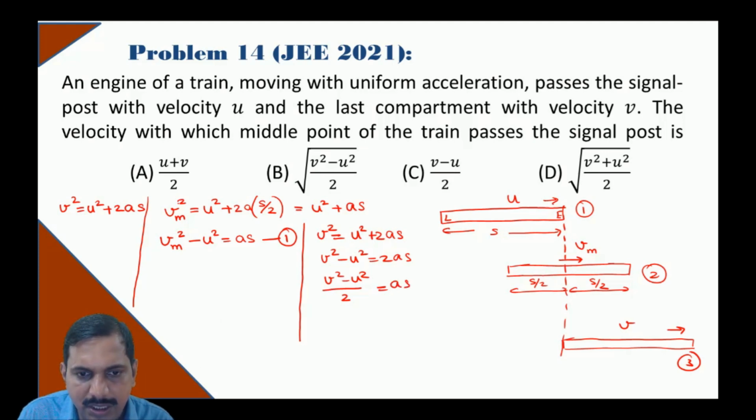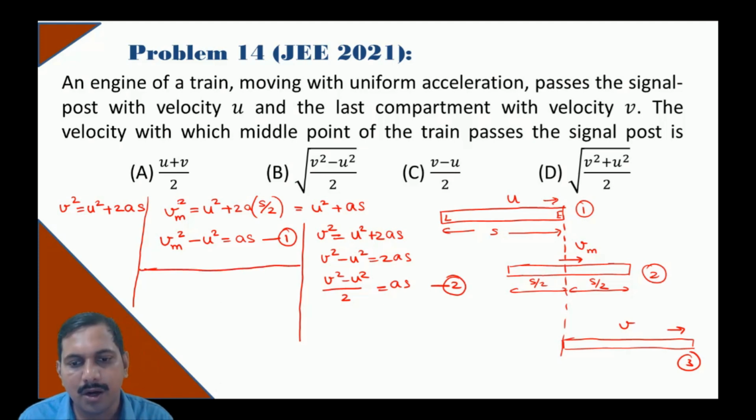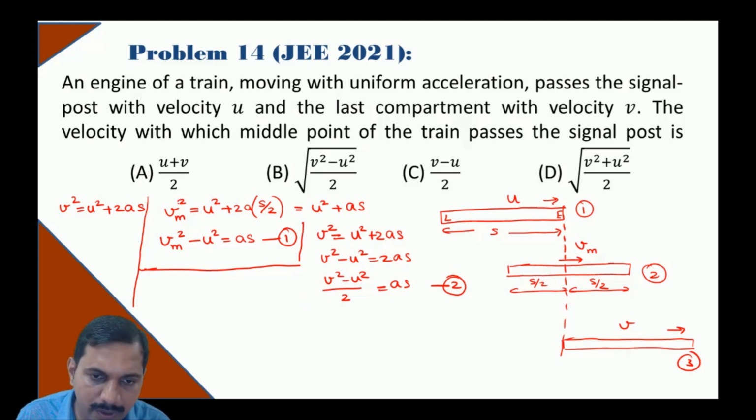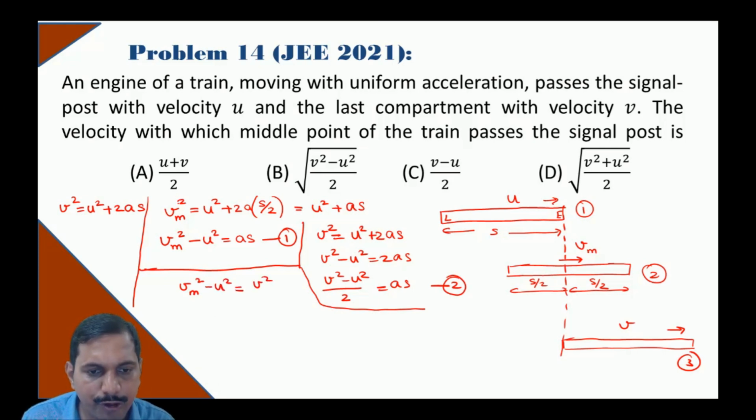Now if you consider equation 1 and equation 2, you see the right hand sides are both the same, while the left hand sides are different, so we can equate the left hand sides. If you equate them, we get Vm square minus u square is equal to v square minus u square divided by 2.